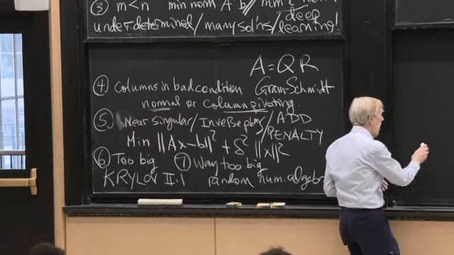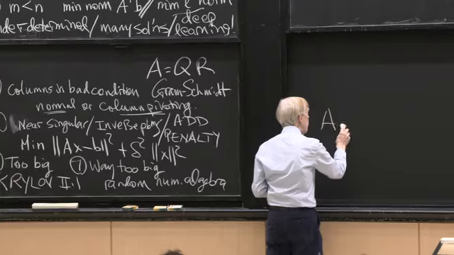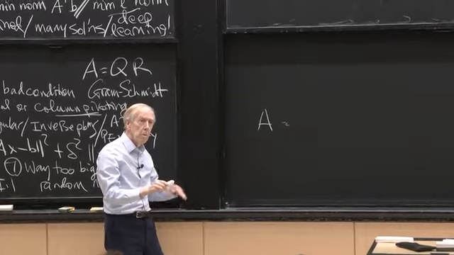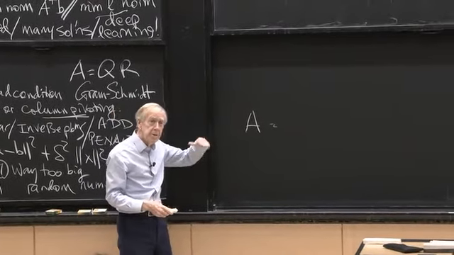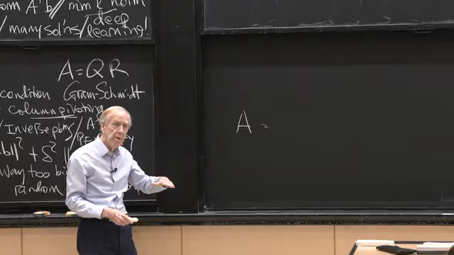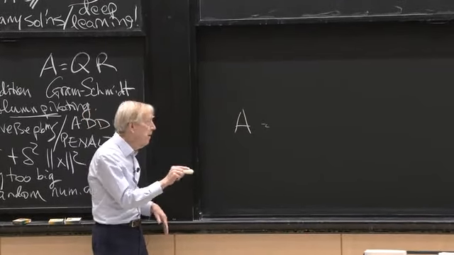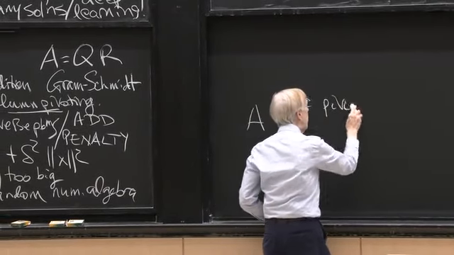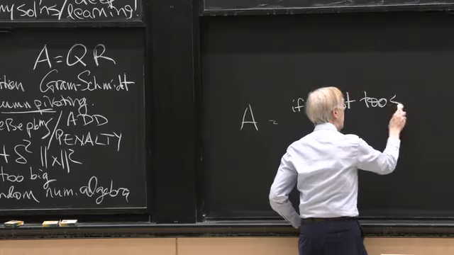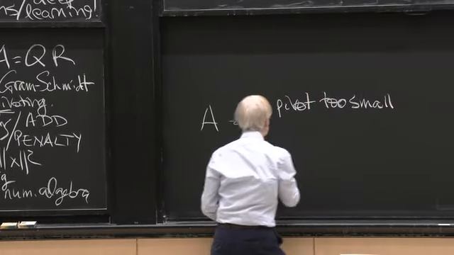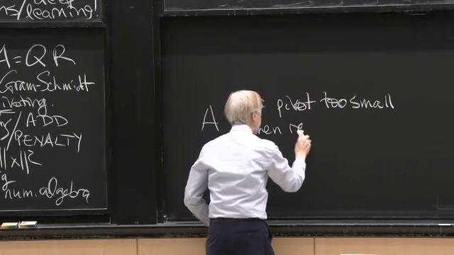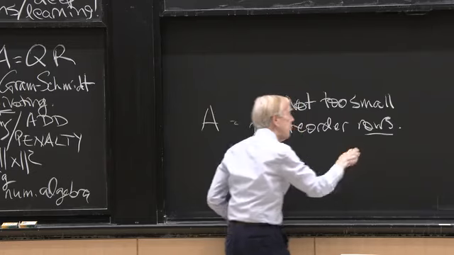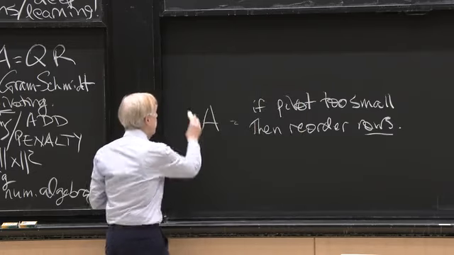So elimination, we would have the matrix A, we take the first row as the first pivot row, and then the second row, and then the third row. But if the pivot is too small, then reorder the rows. So it's row ordering that comes up in elimination.